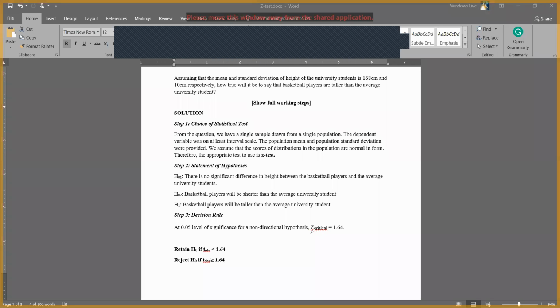For us to generate this value, a table needs to be given to us. So within the question, a table has been given.